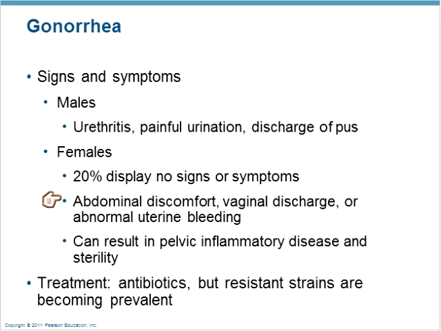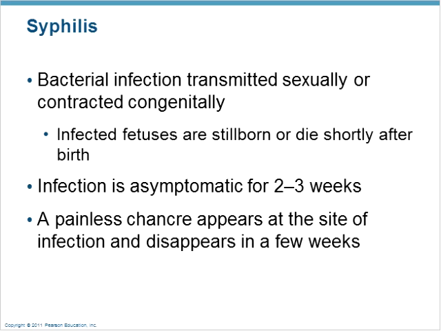They can have abdominal discomfort, vaginal discharge, or abnormal uterine bleeding, which could result in pelvic inflammatory disease and sterility. Treatment is with antibiotics, but there are many resistant strains, and they're becoming far more prevalent. That kind of occurred post-Vietnam. Strangely enough, a lot of military men came back with antibiotic-resistant gonorrhea.